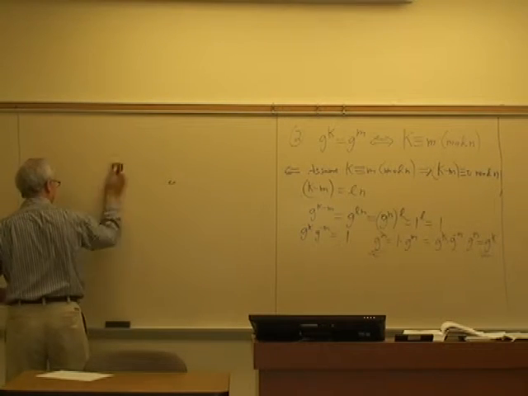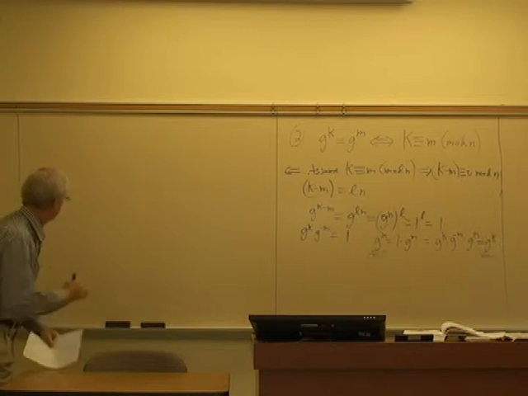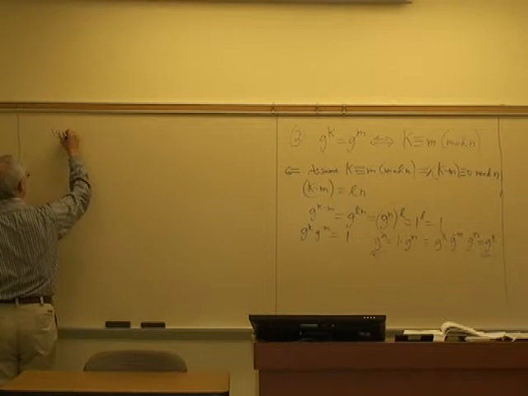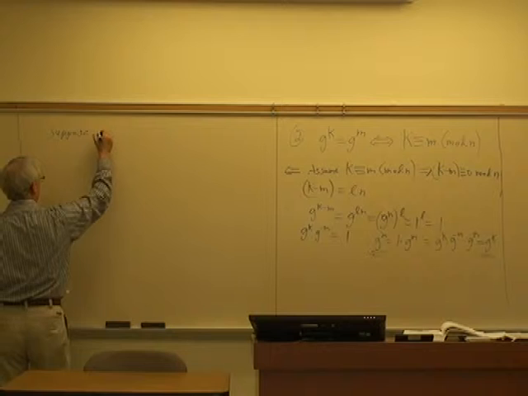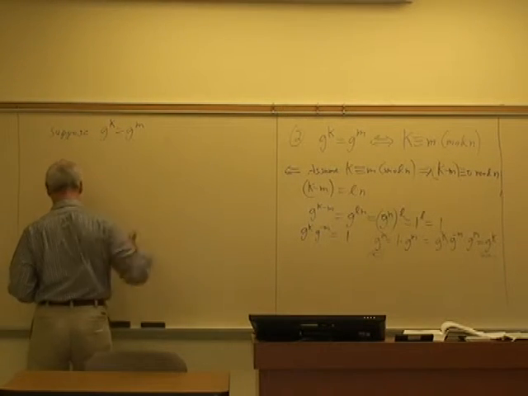So still the same assumptions. g is a generator of our group. The order of g is n. And I want to suppose that g to the k equals g to the m.